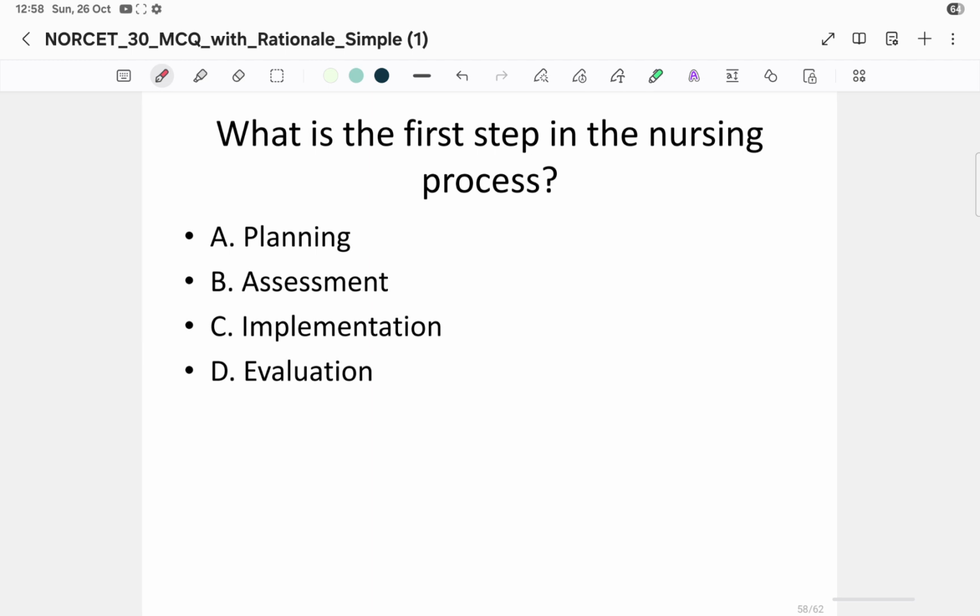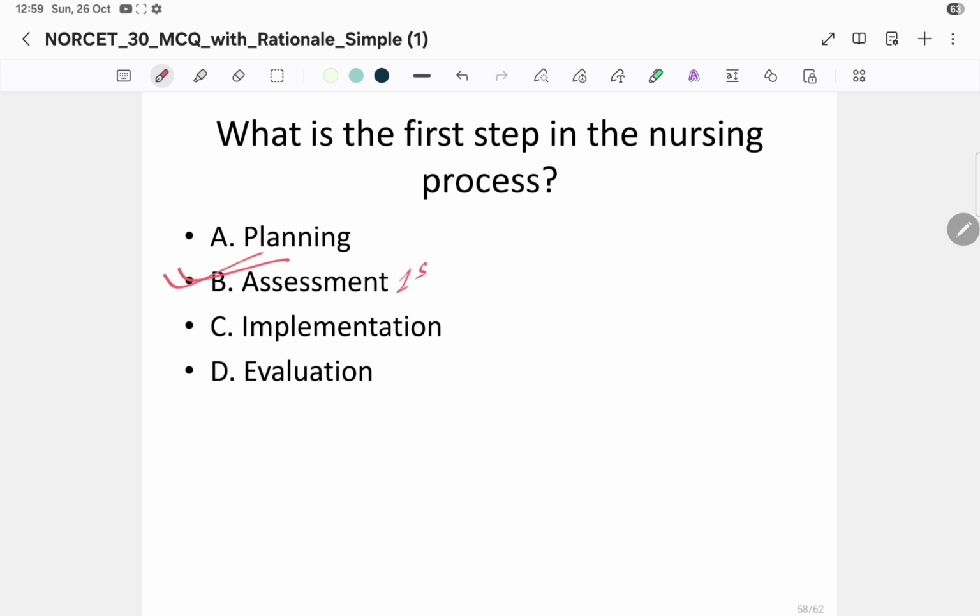Next, what is the first step in the nursing process? A. Planning, B. Assessment, C. Implementation, D. Evaluation. And the correct answer is option number B. Assessment. Assessment is the first step in the nursing process.